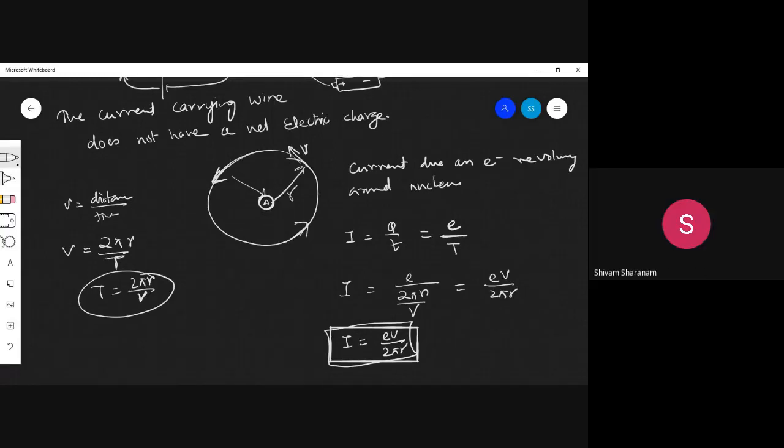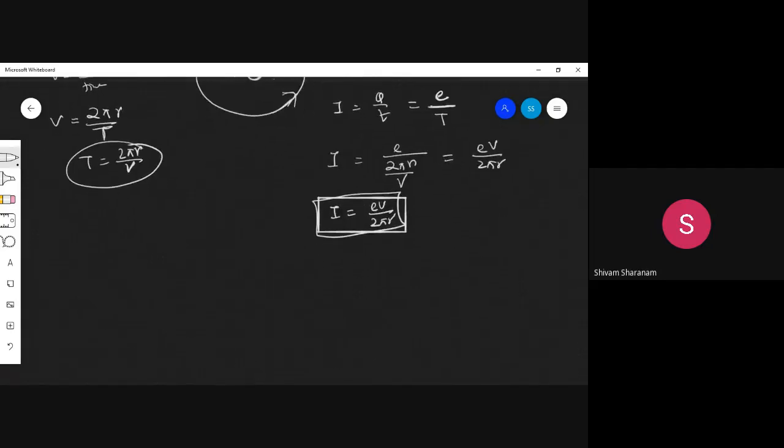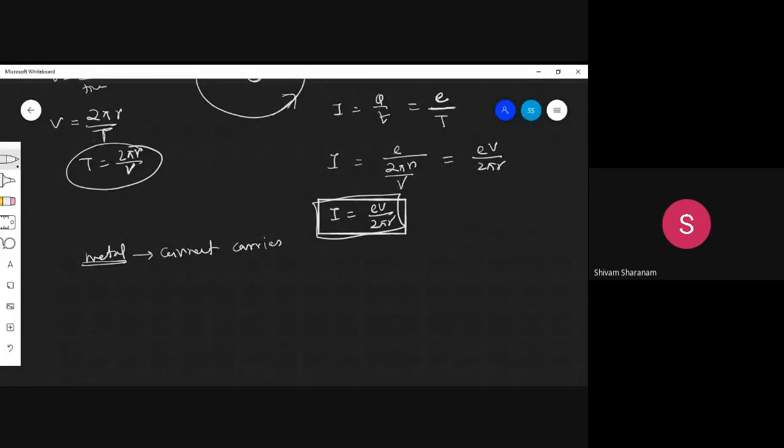Yes, sir. Okay, then basically when we talk about metals, in metals the current carriers are what? What are the current carriers? Yesterday we had discussed. Electrons.